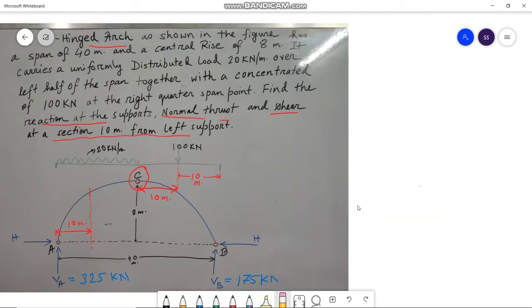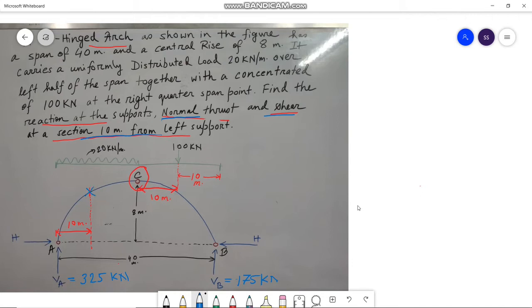Now, as per the next part of the calculation, we have to calculate the normal thrust and shear at a section 10 meter from the left support, that is at this point.